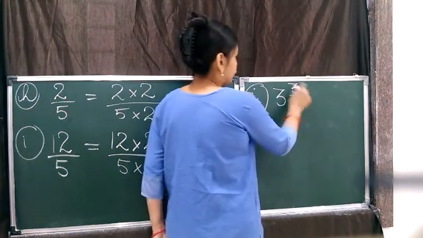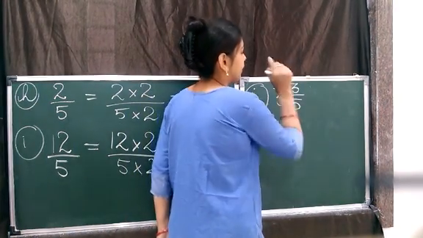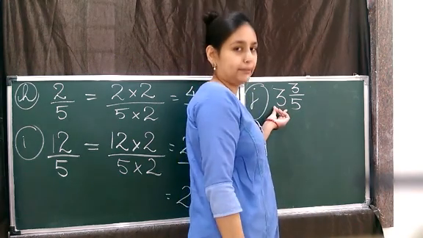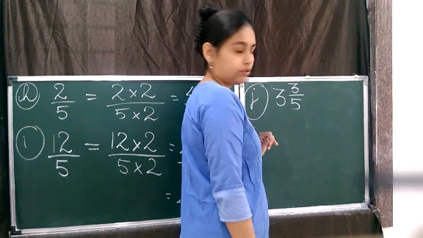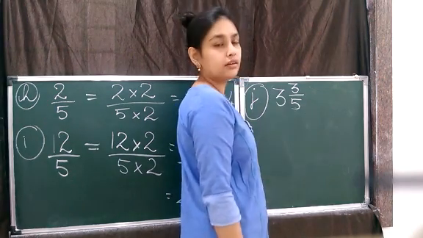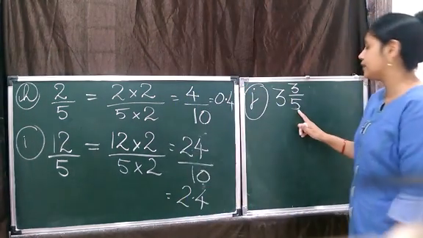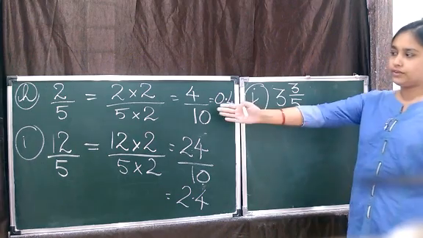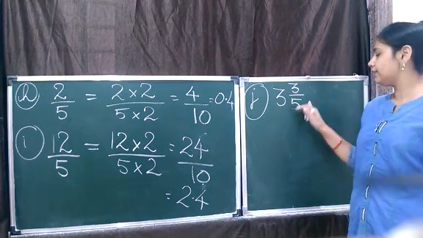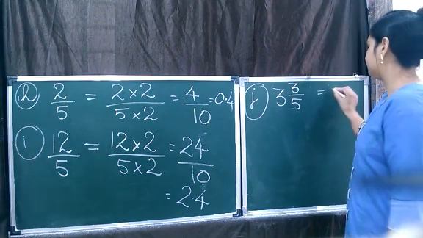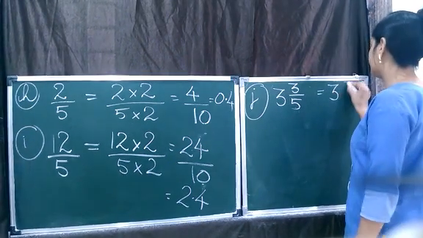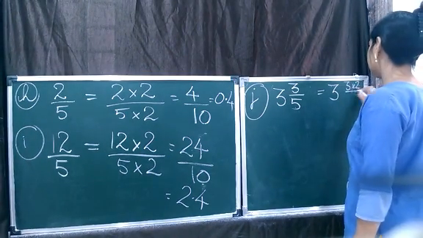See, you have to convert only this into a decimal. This becomes a whole number only. So just leave it and we start with these numbers. So what should you multiply here to this 5 so that it becomes a 10 or a 100 or a 1000? We've already done it so many times. If we multiply 2 here and here, this will become 10. So let this 3 be like this only.